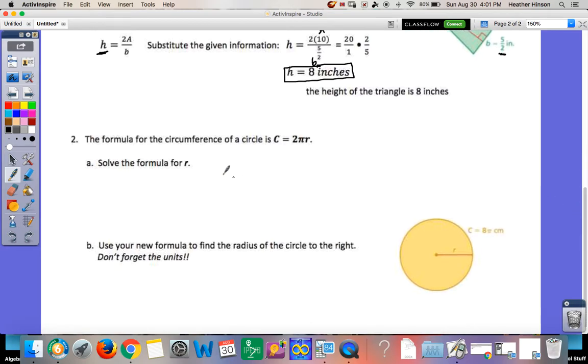So we can try it with 2. You have circumference equals 2 pi r. Go ahead and try this one. Pause the video. Solve your formula for r. Do your do-undo table. And then when you're done with that, use the new formula that you have solved for r and find the radius of this circle.